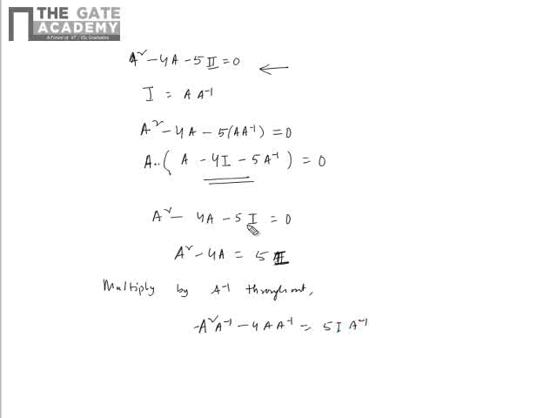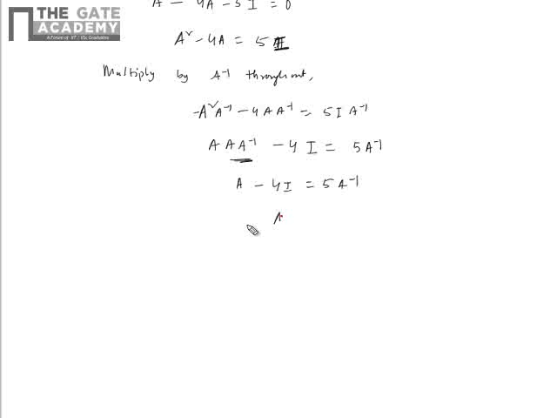Now A square A inverse can be written as A, minus 4A inverse is I, is equal to 5i A inverse is A inverse. So A into I is A, and A minus 4i is equal to 5A inverse.